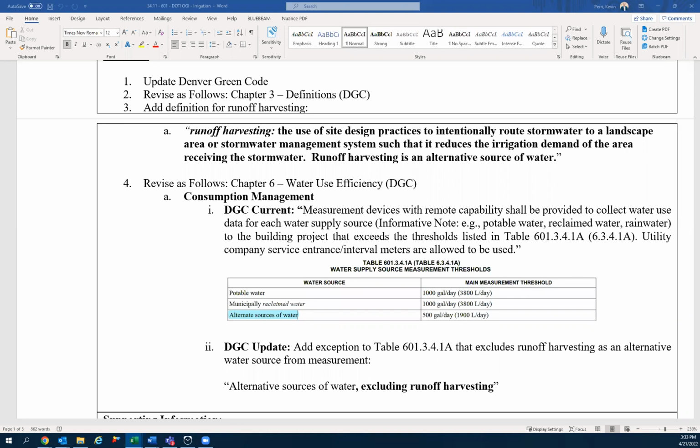And then 4A is just to exempt runoff harvesting from the source measurement requirement. Essentially, it is an alternative source of water, and we want it to be used for irrigation, but it's difficult to measure, and so this would exempt it from the source measurement.